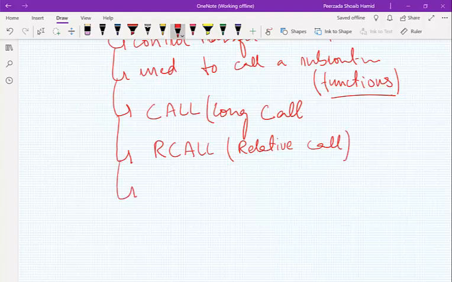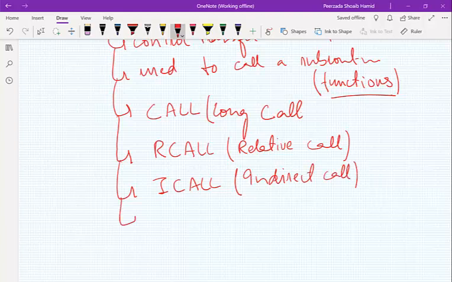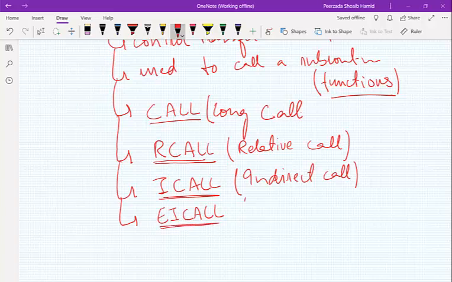We also have ICALL, indirect call, and then one more known as extended indirect call, EICALL. These are the mnemonics used: CALL for long call or simple call, RCALL for relative call, ICALL for indirect call, and EICALL for extended indirect call.